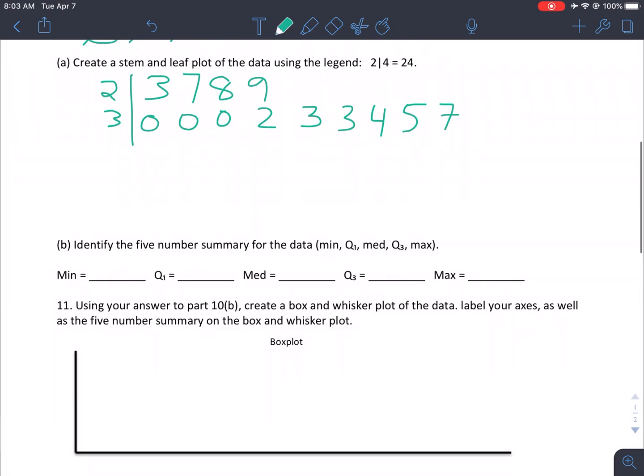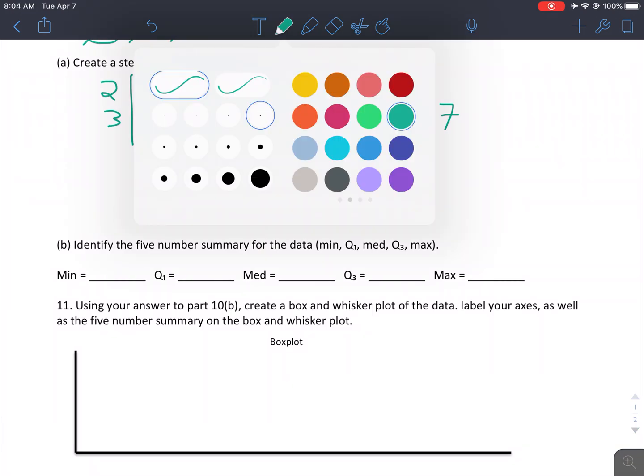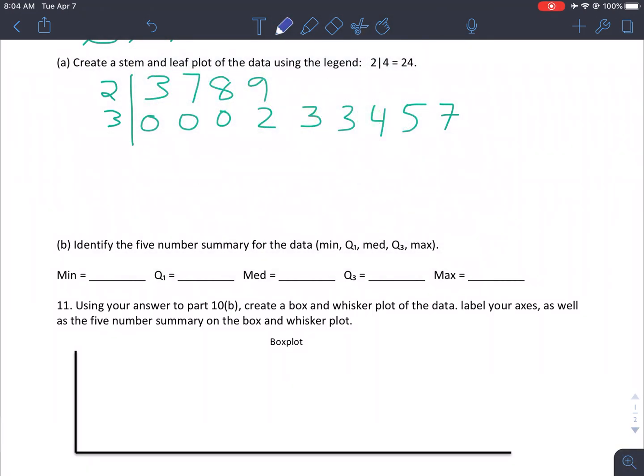Identify the 5-number summary. The reason why we put data into a stem and leaf plot is so we can easily see the minimum, the maximum, and then calculate the median, lowest, highest, and so on.